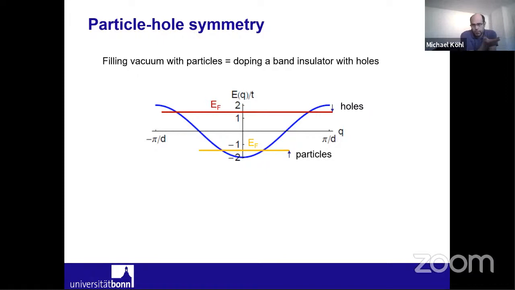As you probably know from your condensed matter classes, these two pictures of thinking about the same state, in terms of particles or in terms of holes, are completely equivalent. There is an exact symmetry between the particles and the holes. Filling vacuum with particles or doping a band insulator with holes is the same thing.